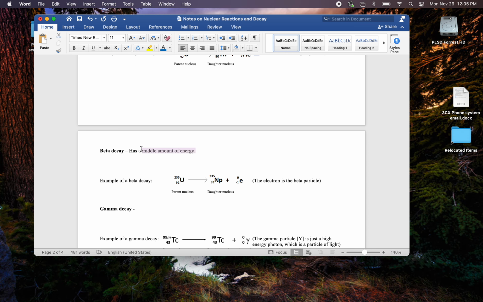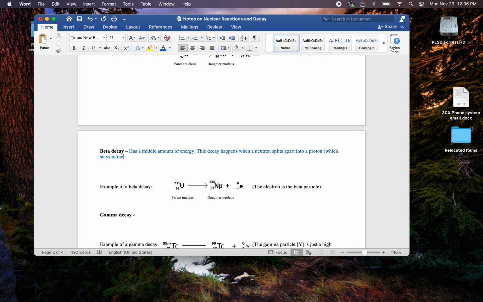This type of decay happens when a neutron splits apart into a proton, which stays in the nucleus, and an electron, which is given off.